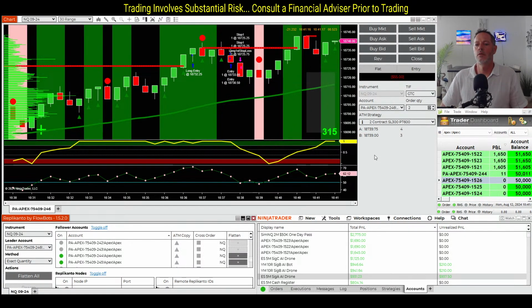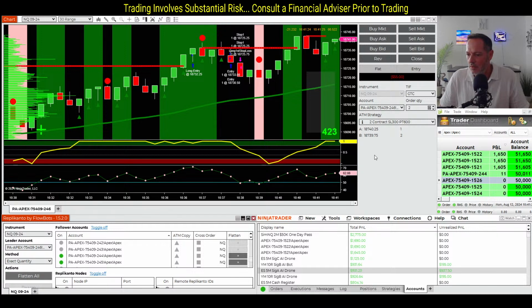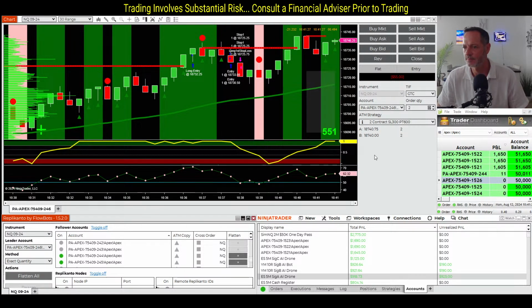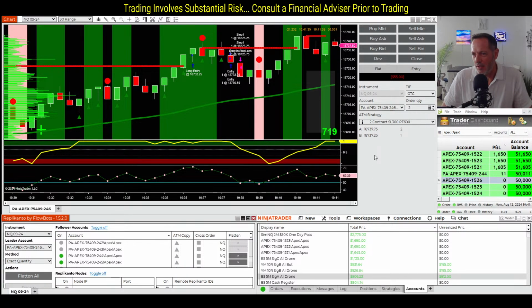Order filled. Once it clears this pivot, I think it'll have the freedom to take the trade here. The rule on the strategy is it's got to clear the pivot by over a half, so it has to be at least halfway over the pivot.